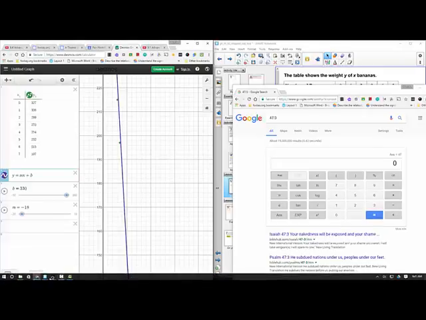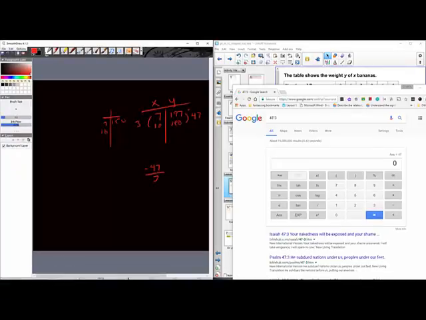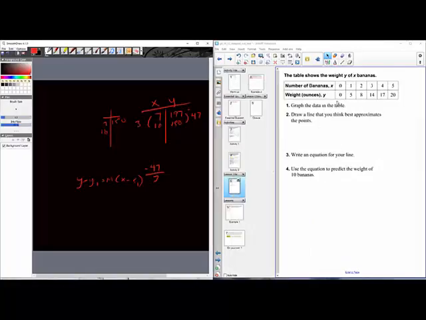And I go through the same process that I did before, where I plug in or find my slope. I'll then have y minus y1 equals my slope times x minus x1. And I figure this out, and that's how I get the formula for my equation.